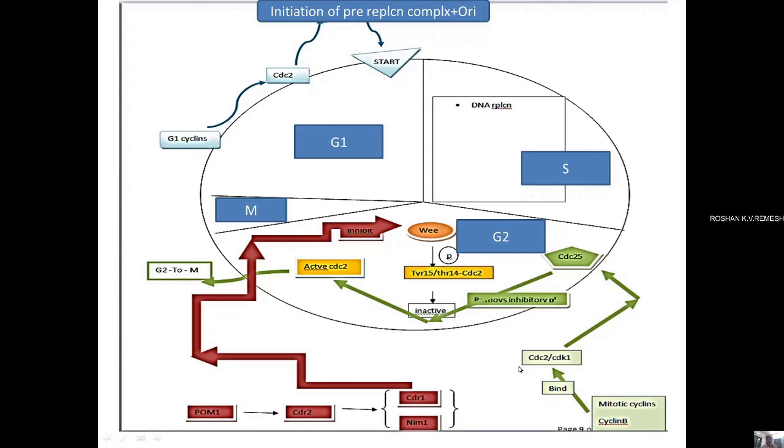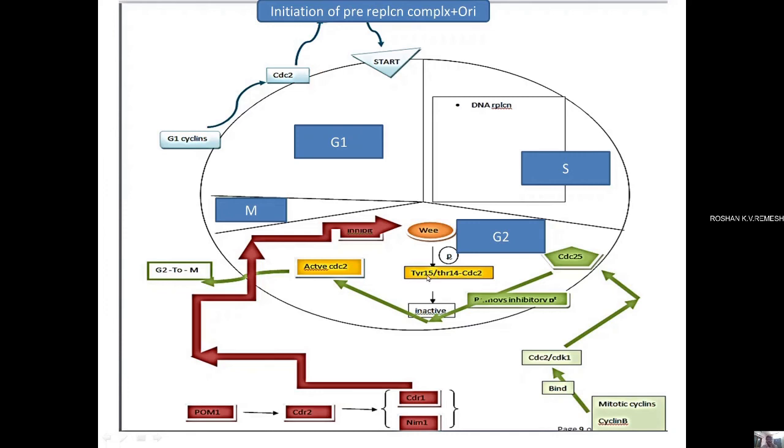This CDC2 gets regulated by an inhibitory phosphorylation at tyrosine 15 and threonine 14, done by a protein known as Wee1. Wee1 phosphorylates CDC2 at its 15th and 14th residues.